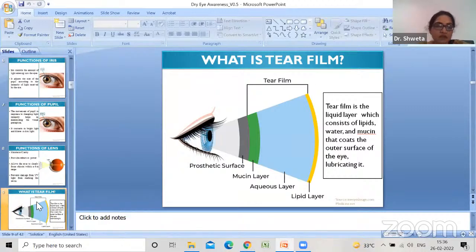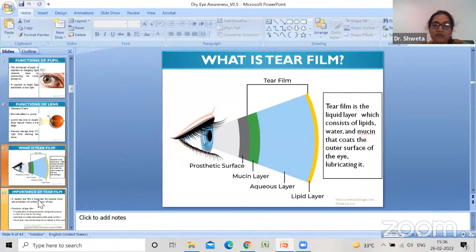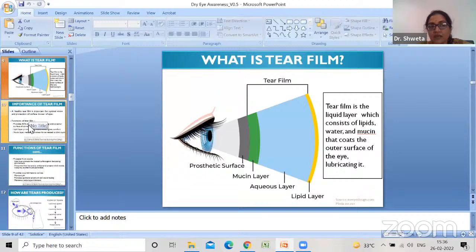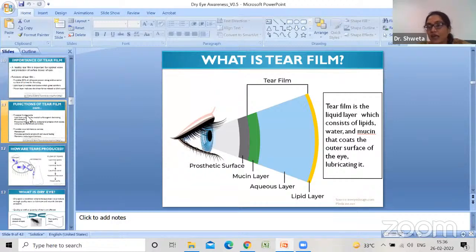So this liquid layer covers the entire eye and the cornea, and the quality of the tear film, the quantity of the tear film, and the stability of the tear film, these three factors are extremely important for the proper functioning of the cornea.